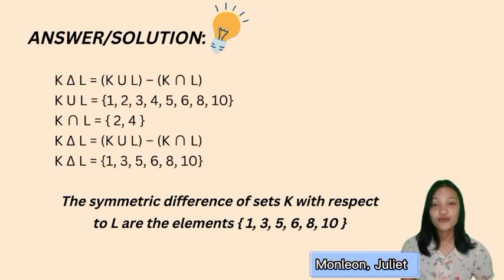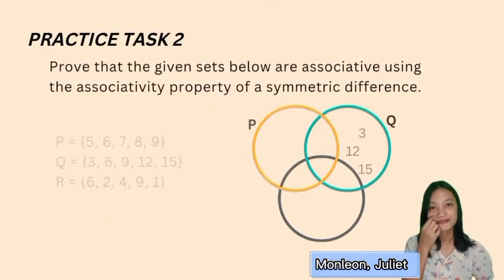So, if we subtract the intersection from the union of sets K and L, the elements of the symmetric difference of K with respect to L are 1, 3, 5, 6, 8, and 10.